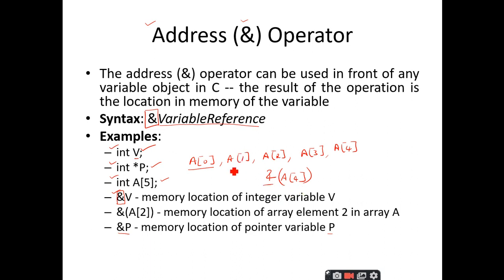Similarly, if I want to access the address of a of 1, I write it like this, enclosed within parentheses, and then I put the address of operator before it. Like this you can get the address of a normal variable, of a pointer variable, and of individual elements of an array also.